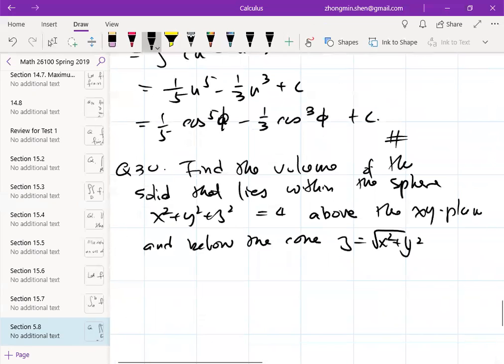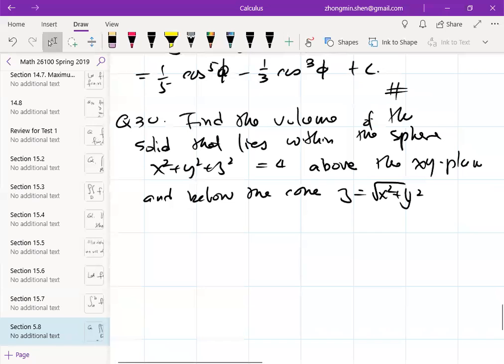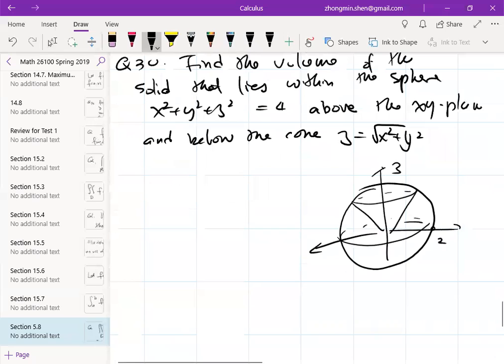Okay. So let's look at the picture first. You're going to draw the graph. It's a sphere, right? Sphere with radius 2. Above the xy plane, okay, it's obvious. Below the cone, how does the cone look like? This is a cone. This is a problem very similar to the above.